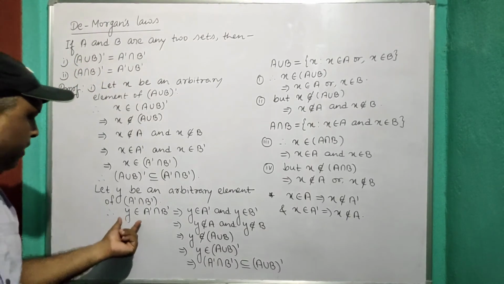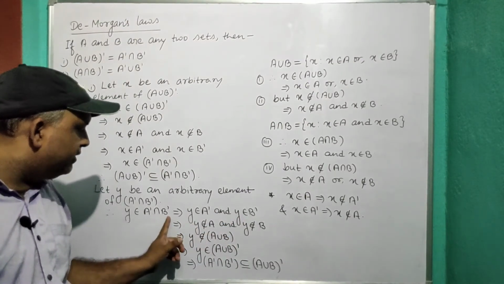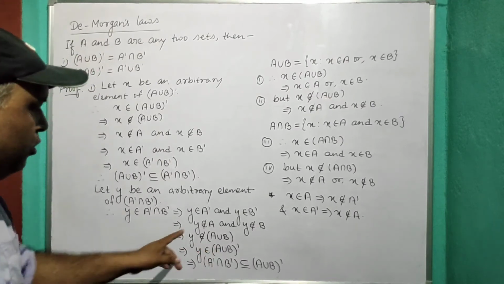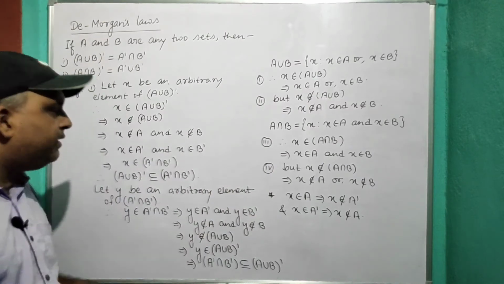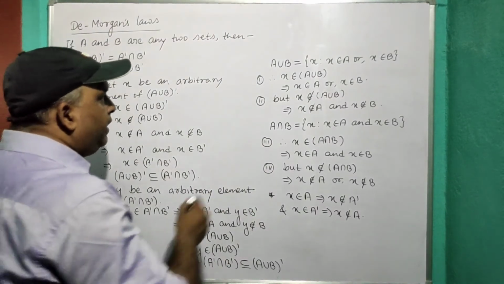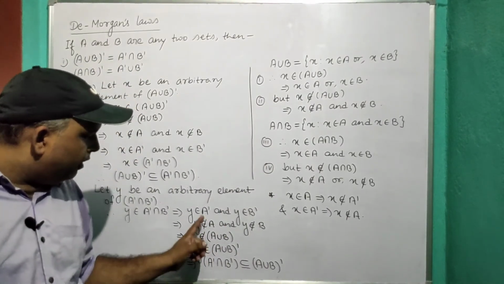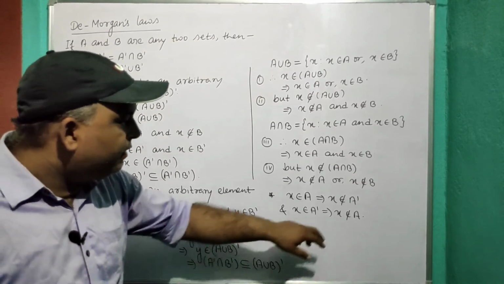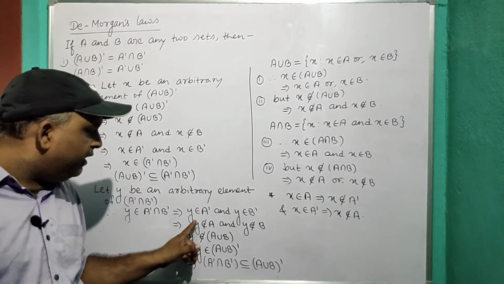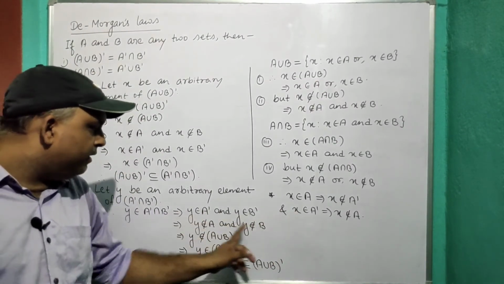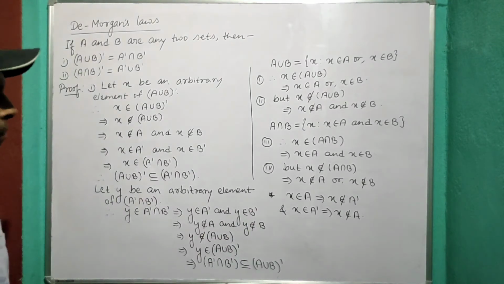So to prove this I have taken this element y, and y belongs to A dash intersection B dash implies that y belongs to A dash and y belongs to B dash. क्योंकि यहाँ पर हम लोगों ने डिस्कस किया हुआ है कि इंटरसेक्शन का मतलब क्या है? एंड. ठीक है, तो ये सारा चीज़ हम लोगों ने यहाँ पर डिस्कस किया हुआ है. और हमने ये भी डिस्कस किया था that x belongs to A dash means x does not belong to A. तो यहाँ लिखा है y belongs to A dash, so it means that y does not belong to A, and similarly here y does not belong to B.